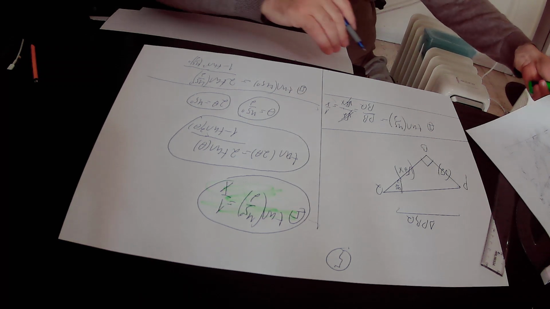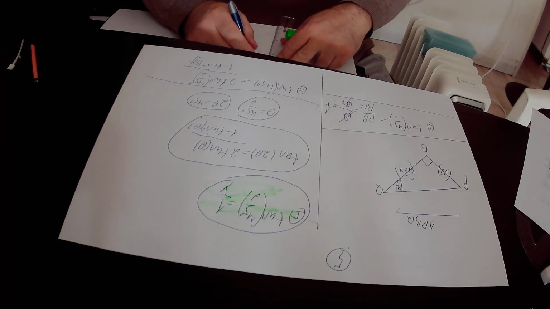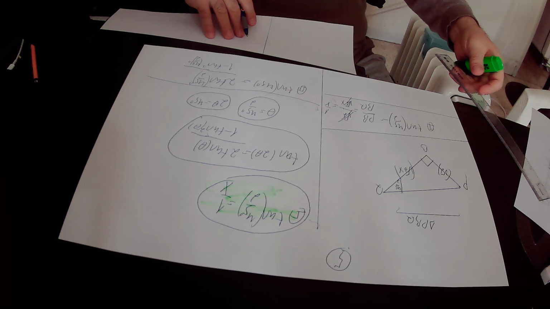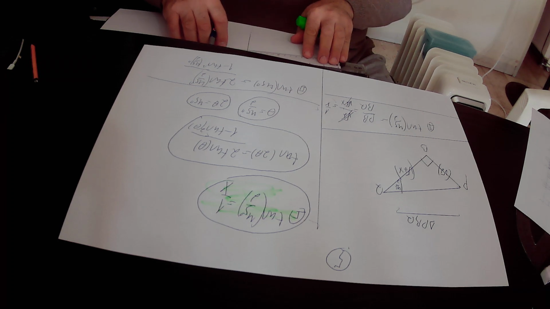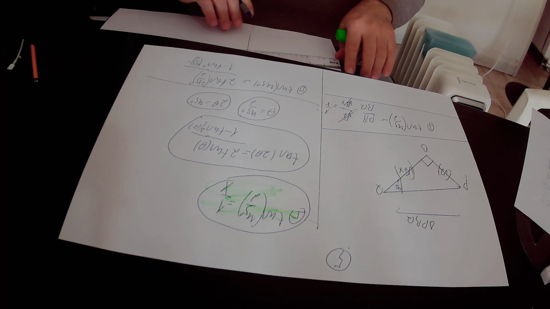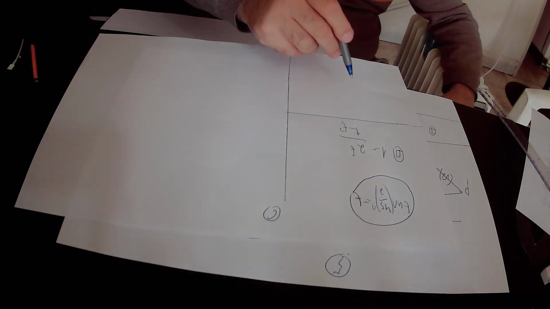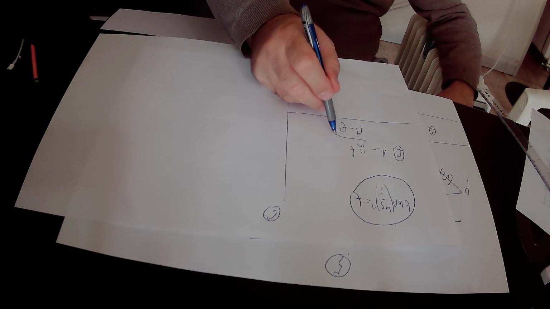So in conclusion, we found out that according to equation number 2, one equals 2t over 1 minus t square.